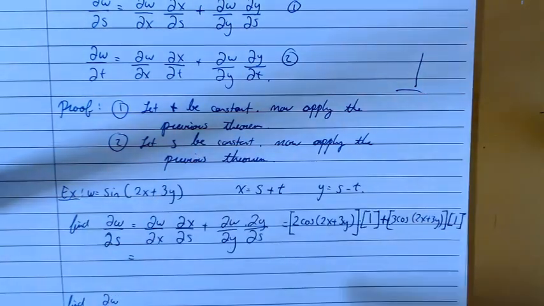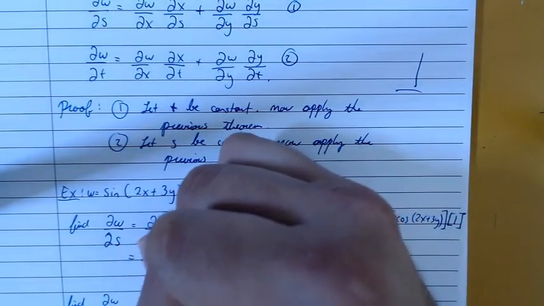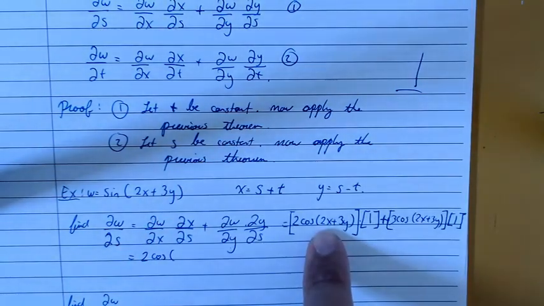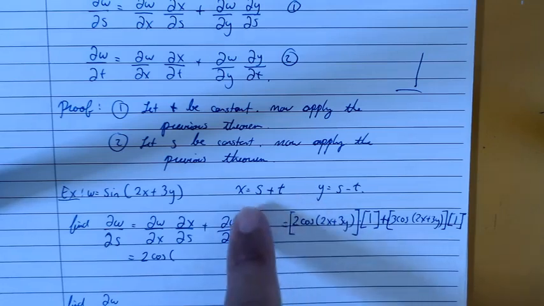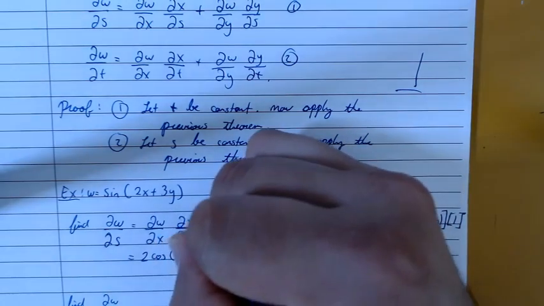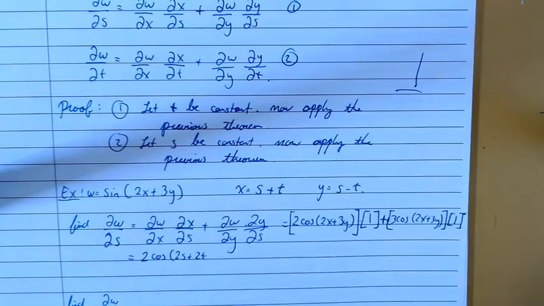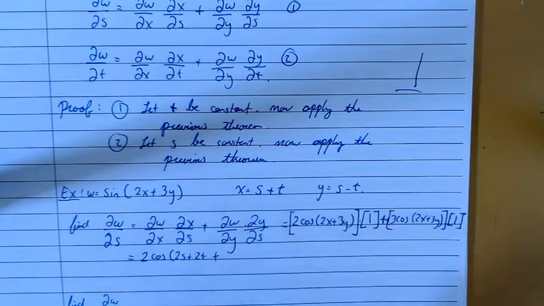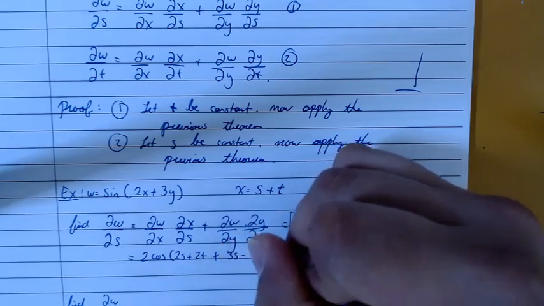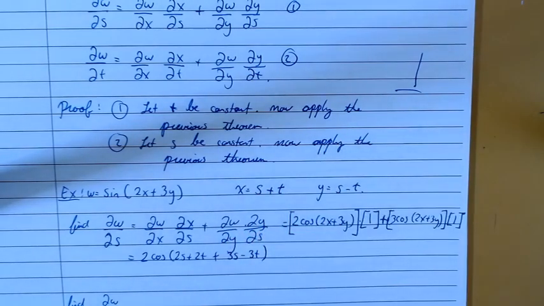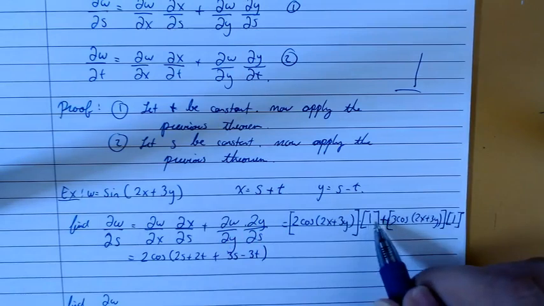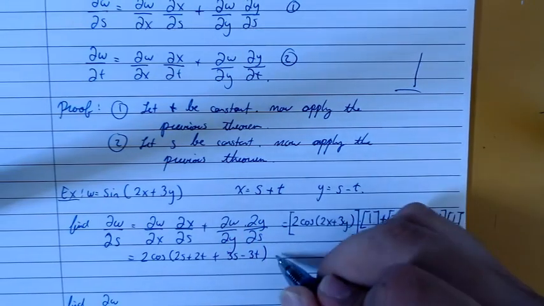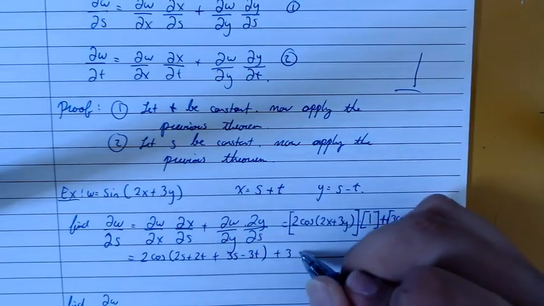So here this will give us 2 times the cosine of 2x, which is 2s plus 2t, plus 3y, which is 3s minus 3t, times 1, so we're not going to worry about that, plus 3 times the cosine.